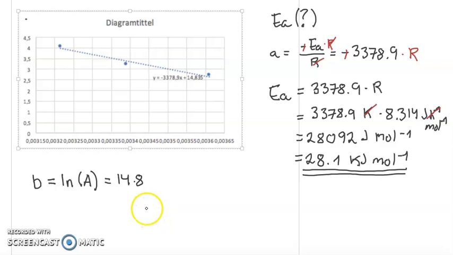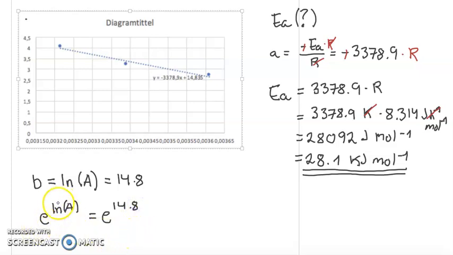Because we want to find only A, not ln A, we need to take e to the power of ln A, and we need to take e on both sides. So e to the 14.8.